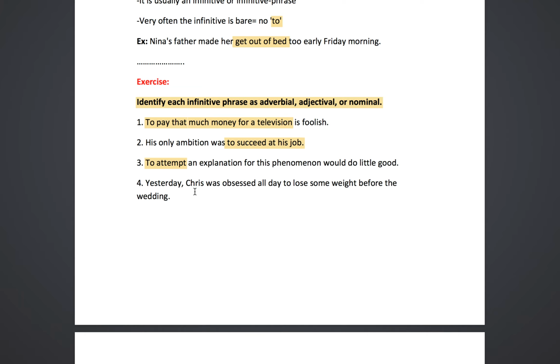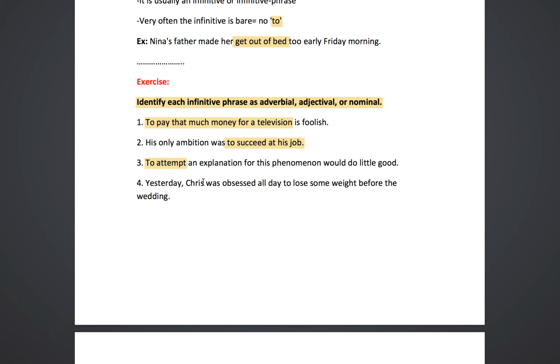Yesterday, Chris was obsessed all day to lose some weight before the wedding. Yesterday here, sorry, is only the adverb in a sentence. We don't have any "to" form, to plus verb. We don't have any infinitive. It's only a word that shows the time, a simple adverb.